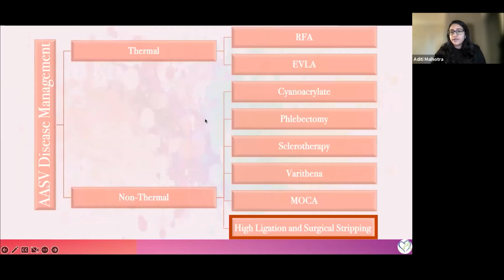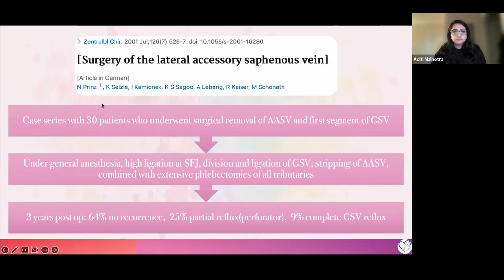Now let's go to classical surgical stripping. There was a paper in 2001, Surgery of the Lateral Accessory Saphenous Vein by Dr. Prinz et al. It was a case series with 30 patients who underwent surgical removal of the AASV and the first segment of the GSV.